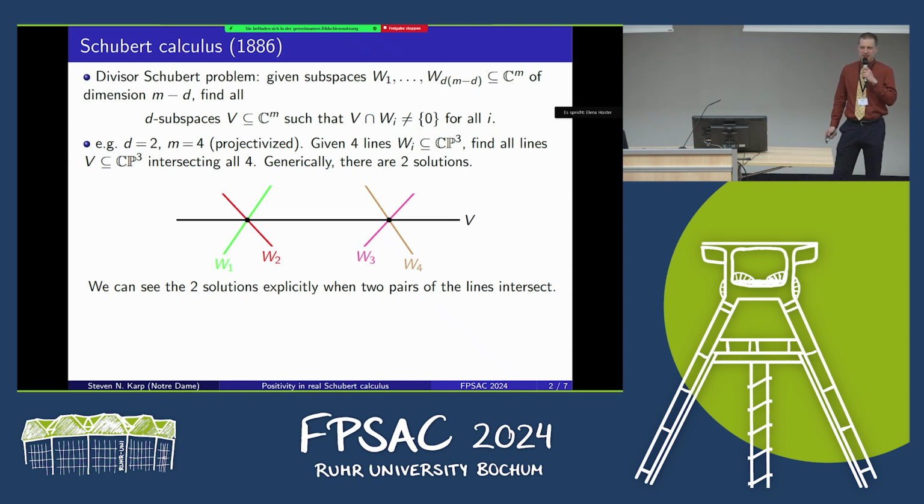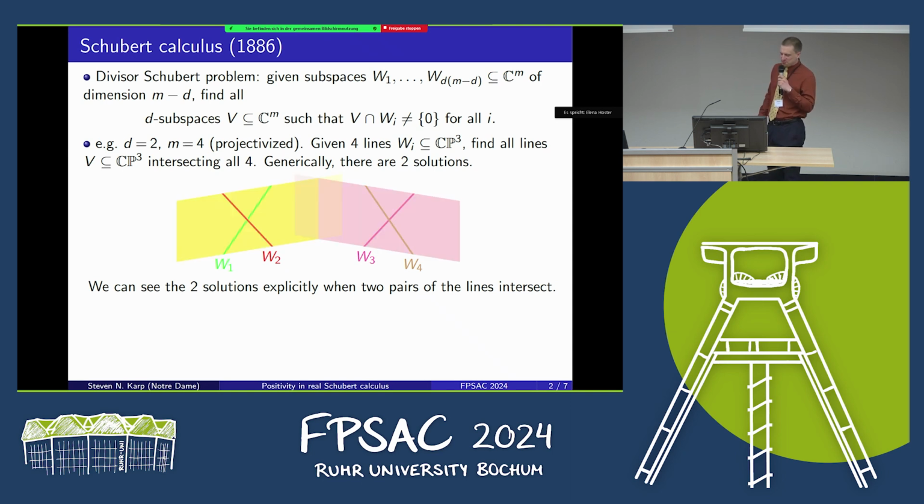And does anyone see the other line? Okay, yeah, I see some suggestive hand signals. Each pair of lines will generate a plane, and generically 2 planes in 3-space will intersect in a line, and that is the other solution line. Okay?